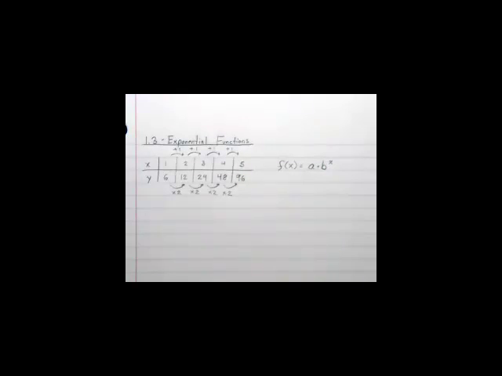This little x up here, that exponent, represents how many times you're multiplying. And b we call the base. That's the number that you're multiplying with each time. So in this case, what's my base? 2, right? That's the number I'm multiplying over and over again.